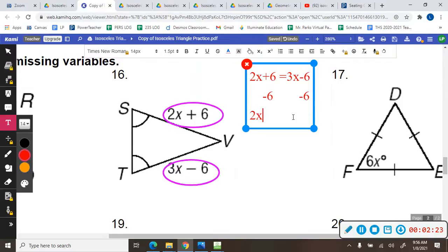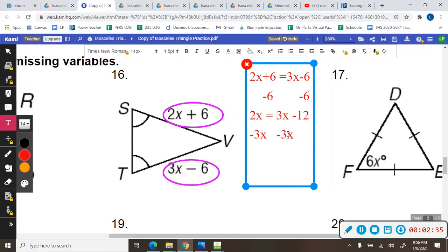And then you get 2x equals 3x minus 12. And then you can minus 3x from both sides. And you get negative 1x equals negative 12. Divide by negative 1, you get x is 12.